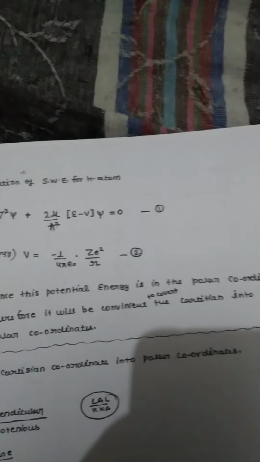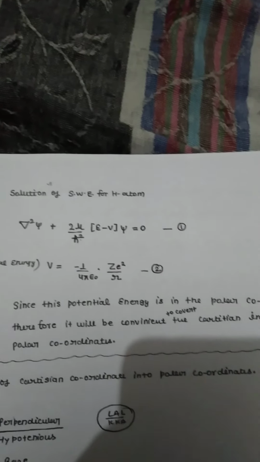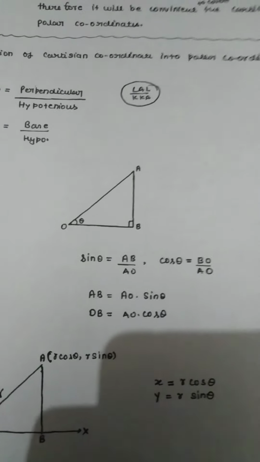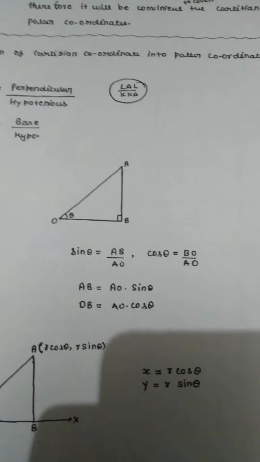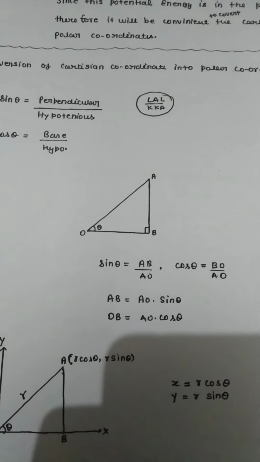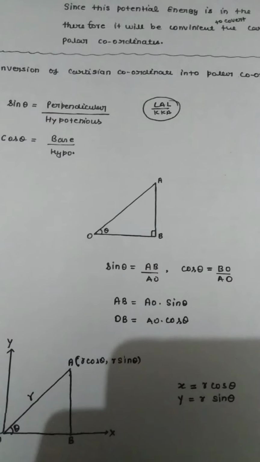Since the potential energy is in polar coordinates, it will be convenient to convert the equation into polar coordinates. There is a conversion between Cartesian coordinates and polar coordinates. Sin theta is perpendicular upon hypotenuse, cos theta is base upon hypotenuse.